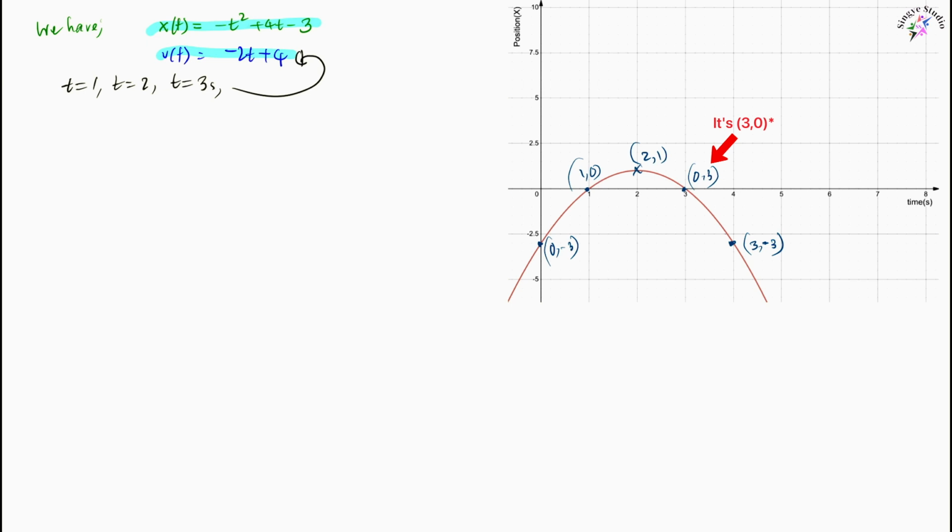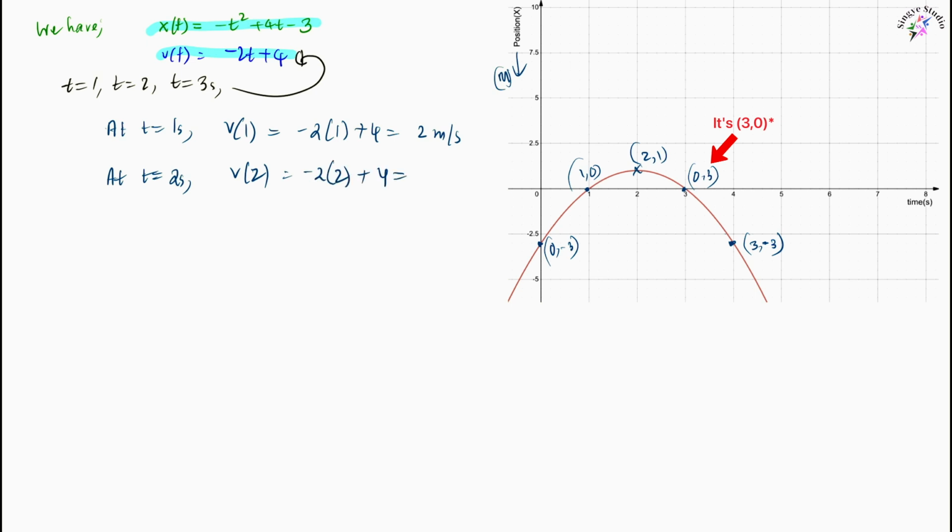Okay, now by doing this, at t equals 1 second, v1 is equal to negative 1 plus 4, which is 3 meters per second, assuming that this position is given in meters, which is not mentioned in the question. And at t equals 2 seconds, v2 is negative 2 plus 4, which is 0 meters per second.